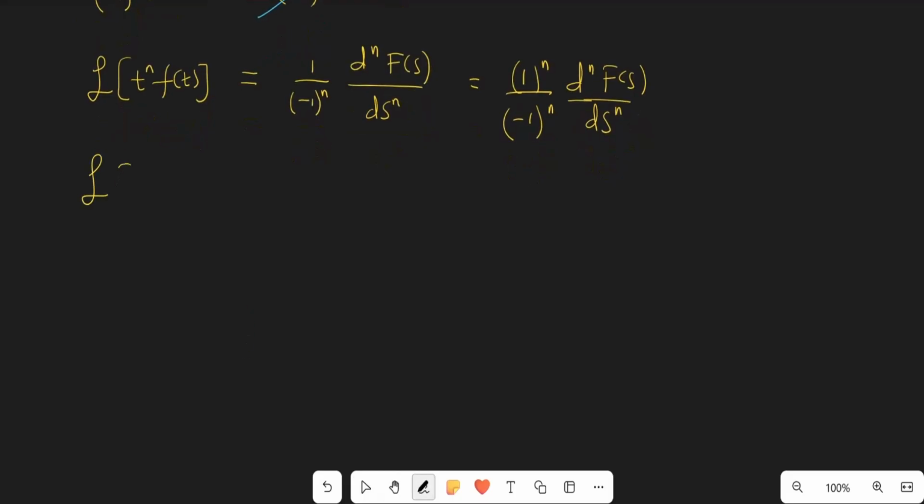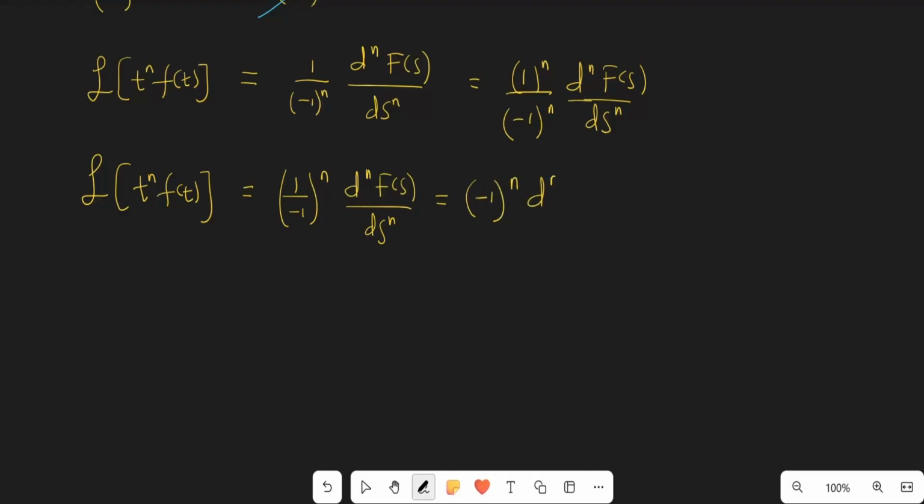So the Laplace transform of t to the nth power multiplied by the function f of t, this is equal to, applying the laws of indices, that is going to be 1 over negative 1 all this 1 raised to the power n, and this is multiplied by the nth derivative of this over dsn, and this is equal to what? 1 over negative 1 is negative 1 raised to the power n multiplied by the nth derivative of the Laplace transform of f of t.